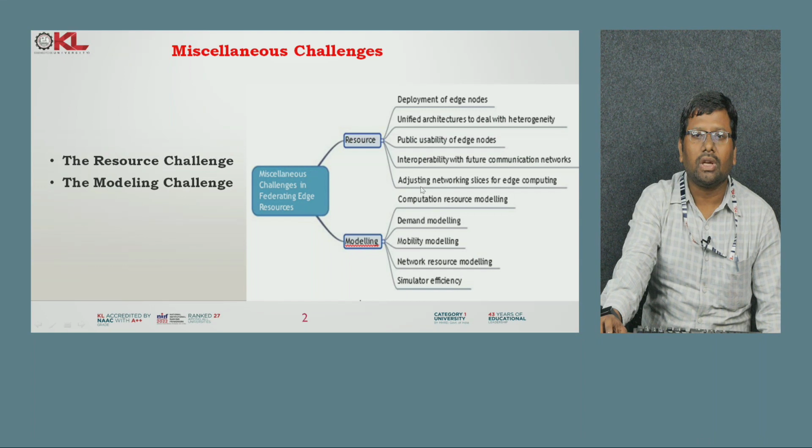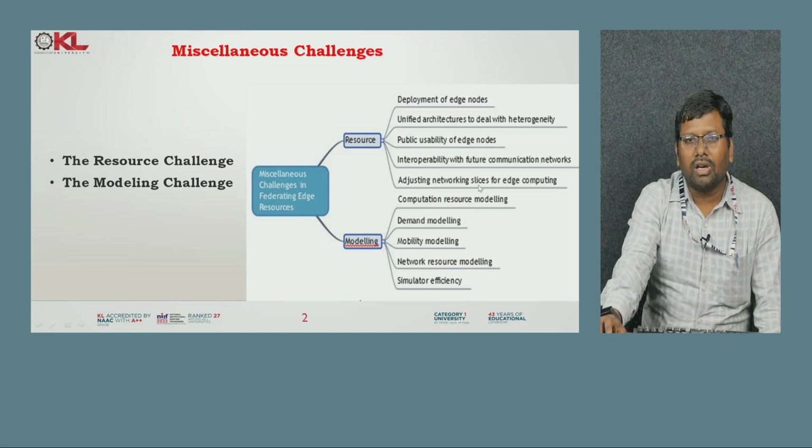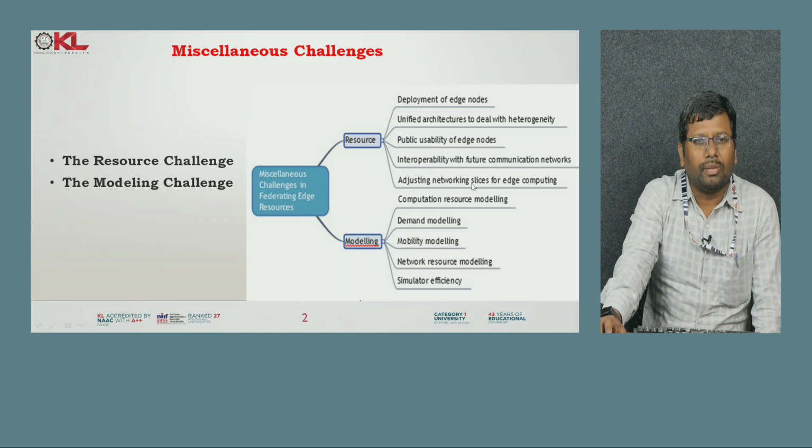Next, adjusting networking slices for edge computing. There is an important term that we have to make sure of here, which is the concept of networking slices. What is the concept of networking slices?